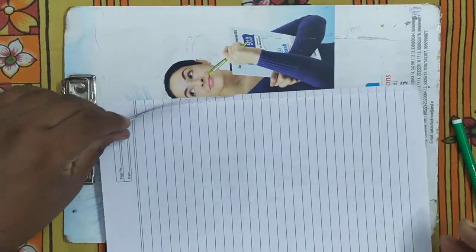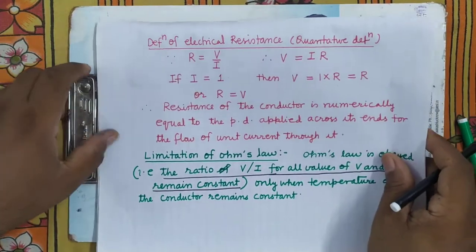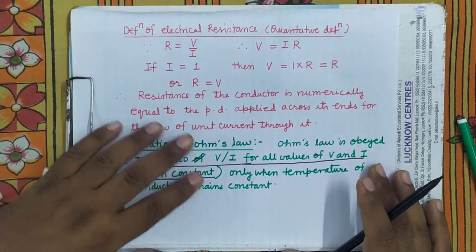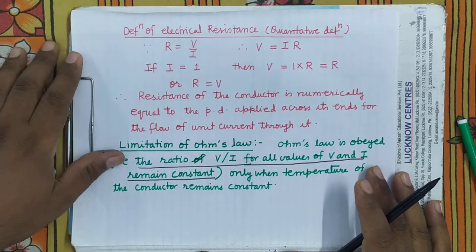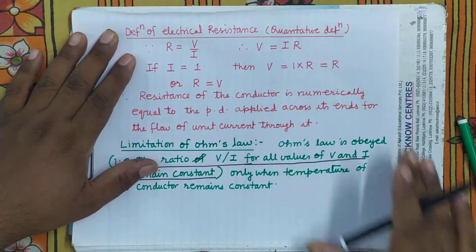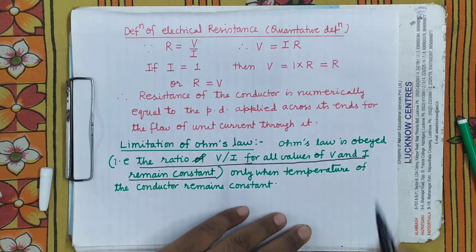Now how will you define the electrical resistance quantitatively? Qualitatively we have already described in the previous lecture that it is the obstruction offered by a conductor in the flow of current. How will you describe it quantitatively?